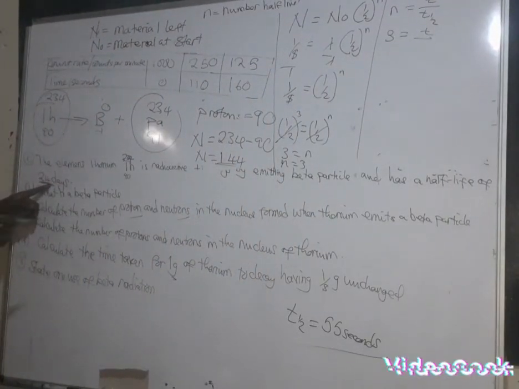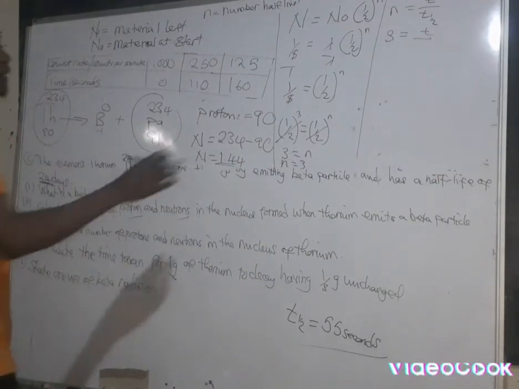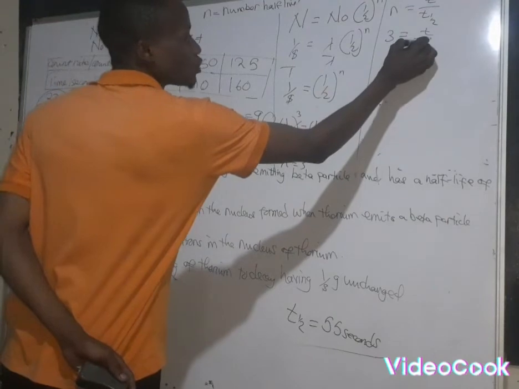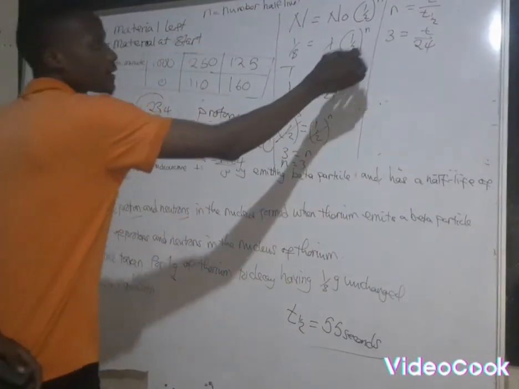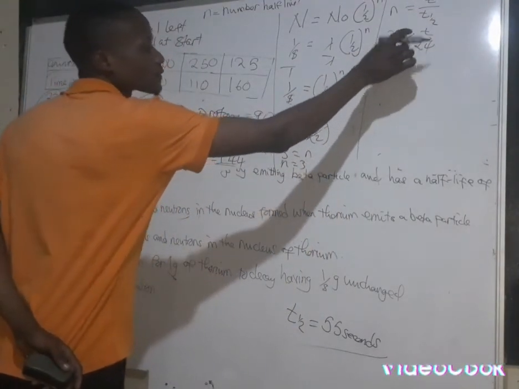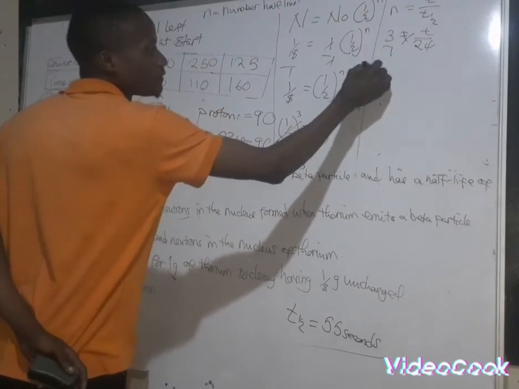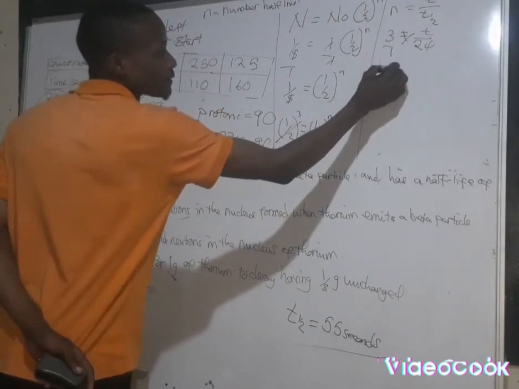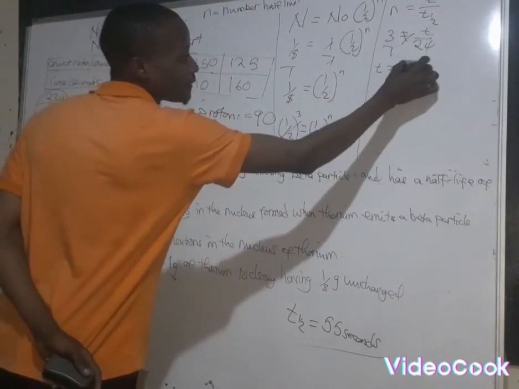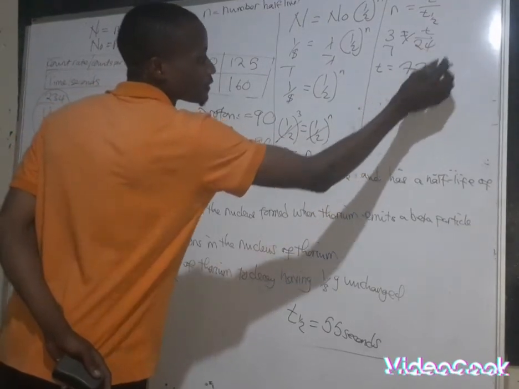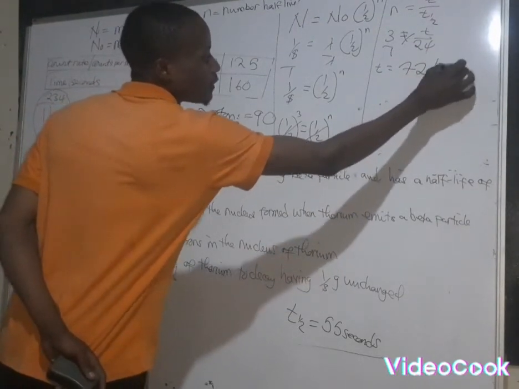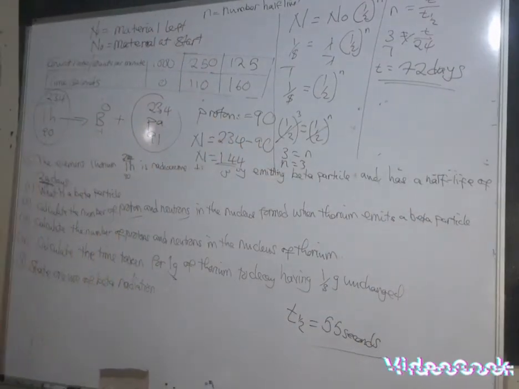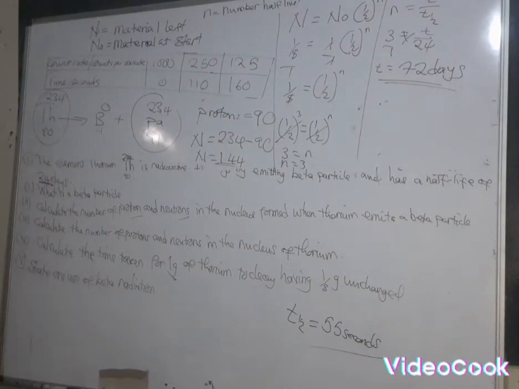We know that this element has a half-life of 24 days, so where there is half-life, we put 24. We write this as a fraction and cross multiply. Time equals 3 times 24, which is 72 days. So the time taken is 72 days for it to decay from 1 gram to 1/8.